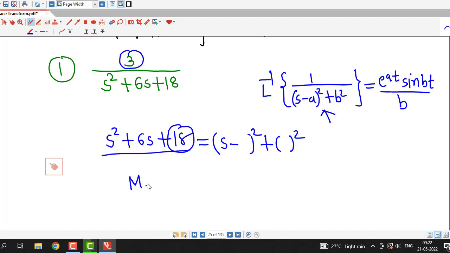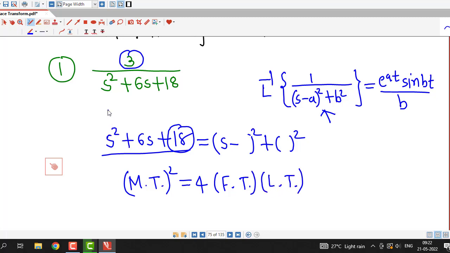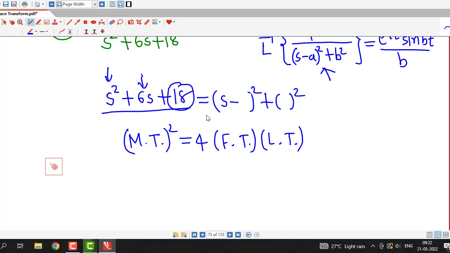We know that square of middle term is equal to 4 times first term into last term. We can consider s square as first term, this as middle term, and we require the last term, because this last term does not allow me to write this as a square of something. So I decide the last term using this formula.